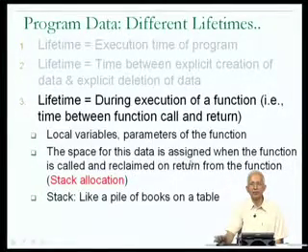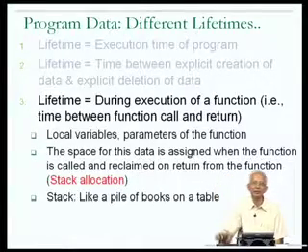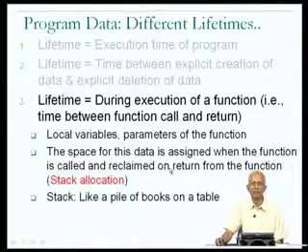And the second function is going to return before the first function, therefore its local variables and parameters can be popped off the stack, and subsequently the local variables and parameters of the first function can be popped off the stack. So this stack allocation seems to make sense for pieces of data whose lifetime is the execution time of a function, that is the time between call and return.